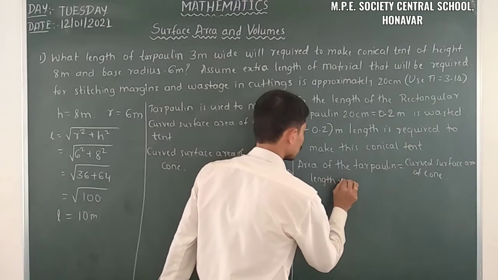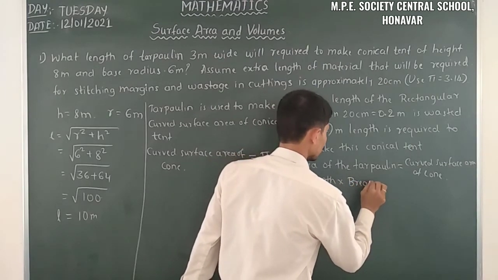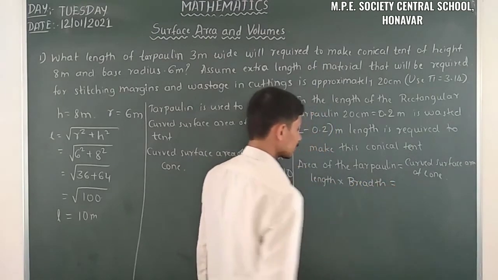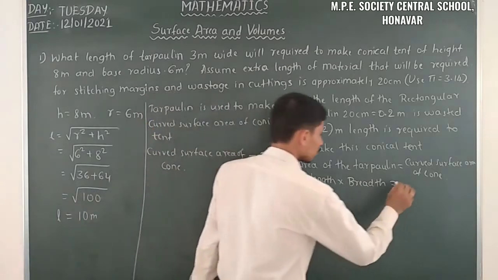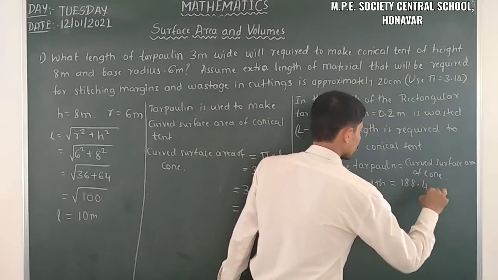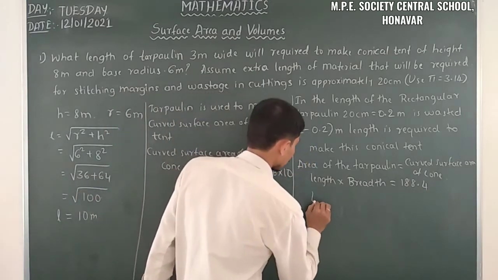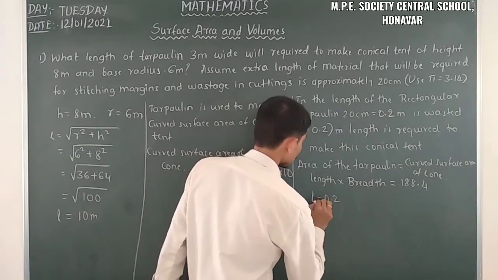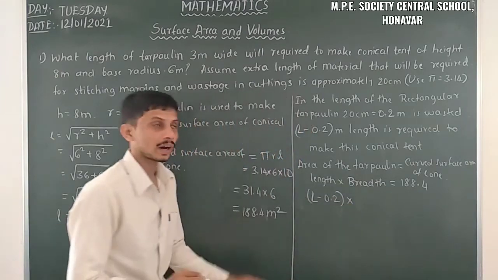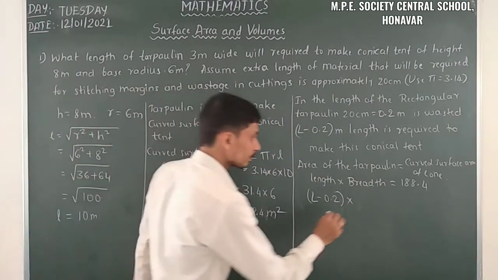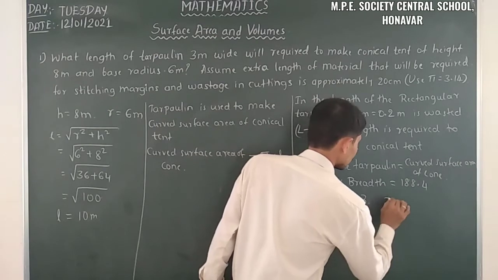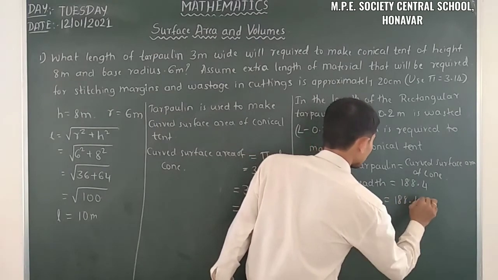Length into breadth is equal to curved surface area, 188.4 meter square. So what's the length here? Length is L minus 0.2, and breadth is the width given, that is 3 meter. (L minus 0.2) into 3 is equal to 188.4.